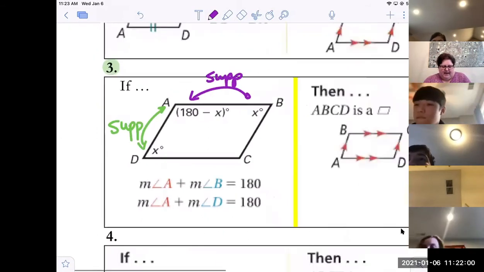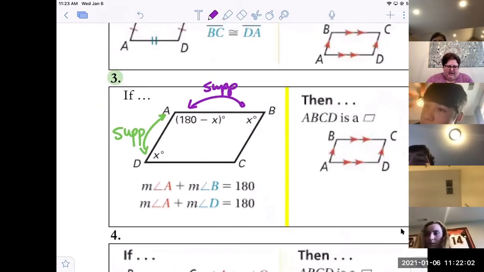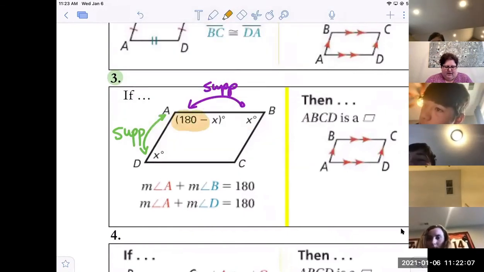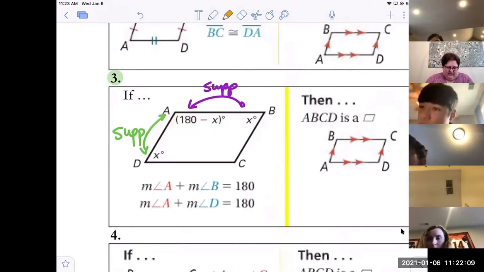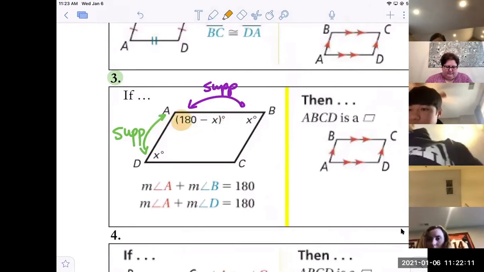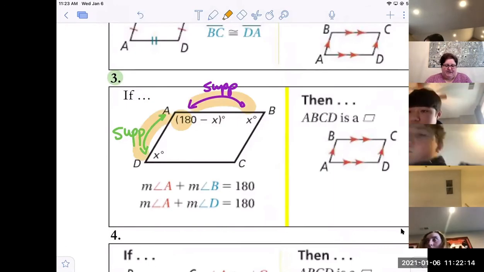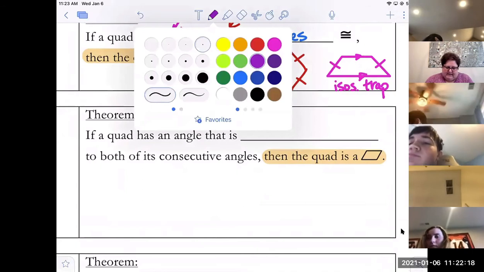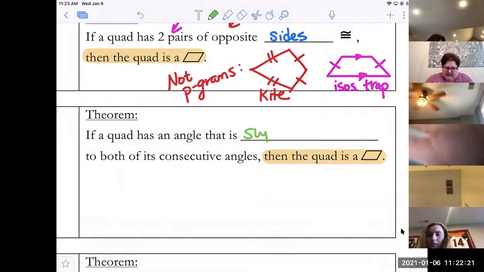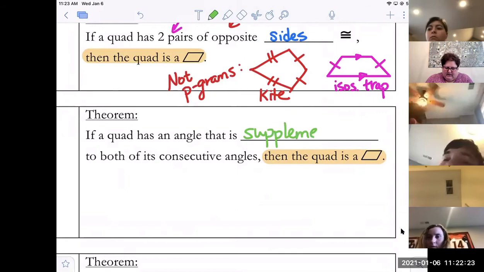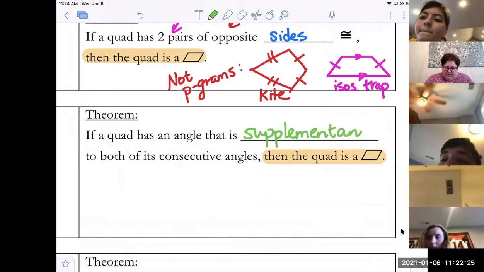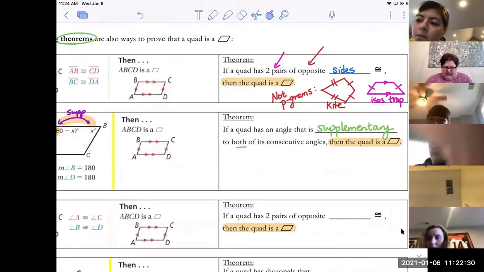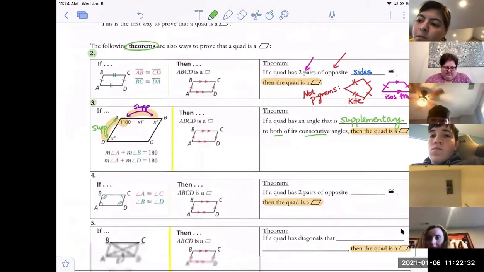So that's saying that there is one angle that is supplementary to both of its consecutive angles. If a quad has an angle that is supplementary to both of its consecutive angles, then the quad is a parallelogram. And they've got to be consecutive.